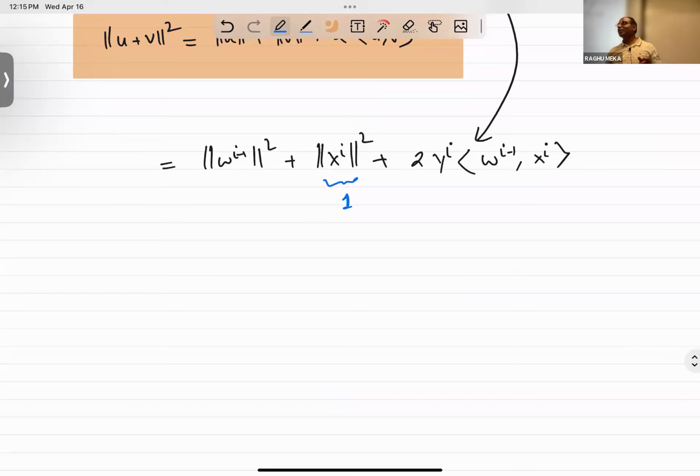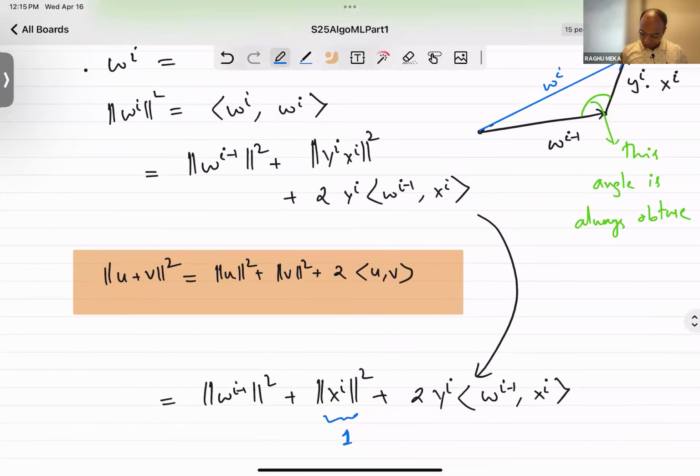Is it positive, negative? Is it always going to be in one direction? What do you think? And if it's in one way, why? Go ahead. I should have said it's always acute. Yes, you're right.